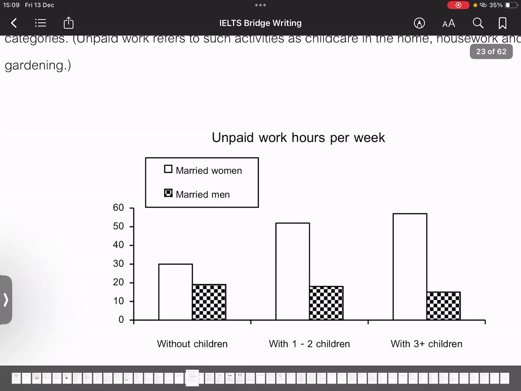If you ask me, I'd say men will have to go out and do some paid work to provide for the family, and so they spend less time helping the wife doing housework because they have to be out there making money. That's probably the reason, but it doesn't really matter because you're not going to include that in the report anyway.